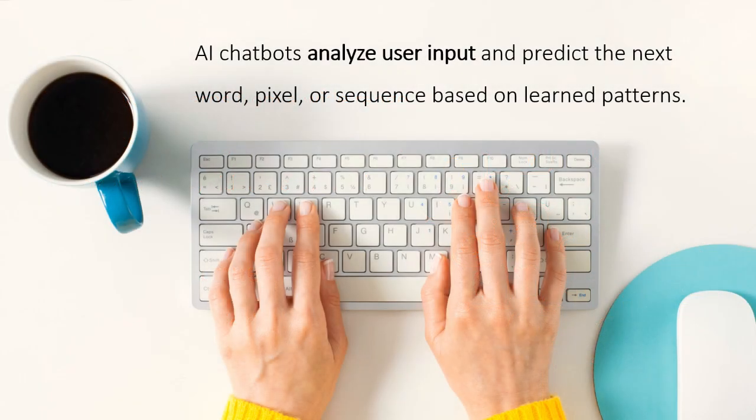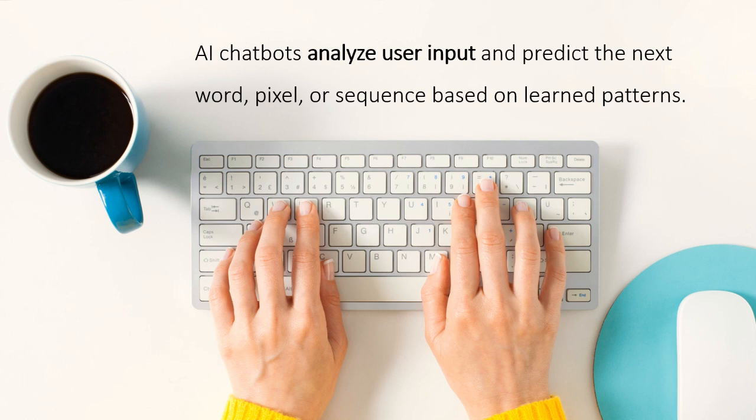It's helpful to know that AI chatbots work by analyzing what you input, and then it predicts what should come next. Whether it's the next word in a sentence, the next pixel in an image, or the next note in a song, AI makes decisions based on patterns that it learned from the massive amounts of data that it was given during its training.